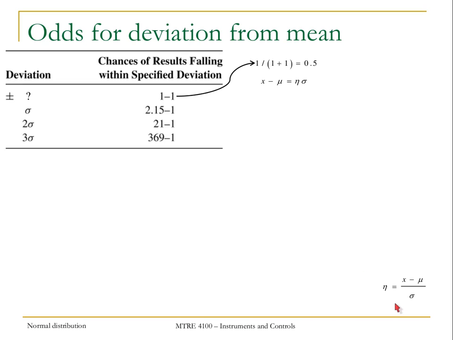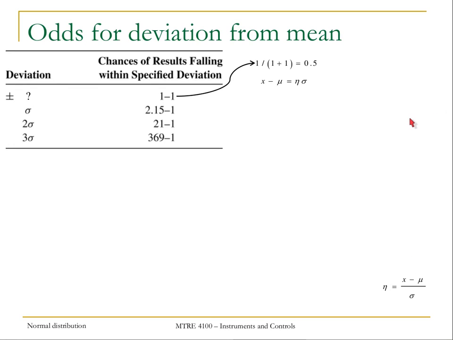Now, our integral table is in terms of eta, which again is x minus mu divided by sigma. So we're looking for values within a range from the mean. So we're talking about x values that are away from the mean mu by a certain deviation.